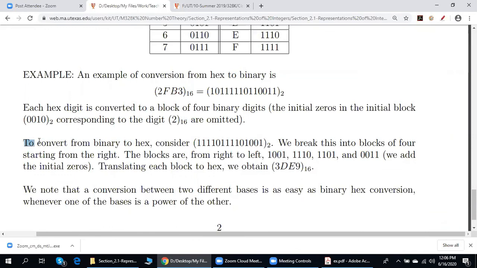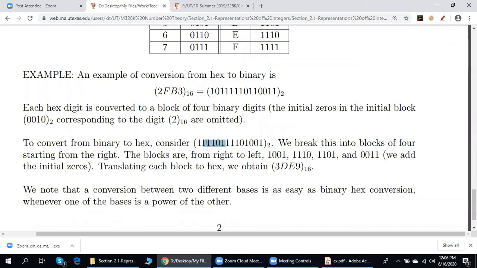Now, to convert from binary to hex, we start from binary. Next step, we break this into blocks of 4, starting from the right, not from the left, from the right. Block of 4, done. Block of 4, done.